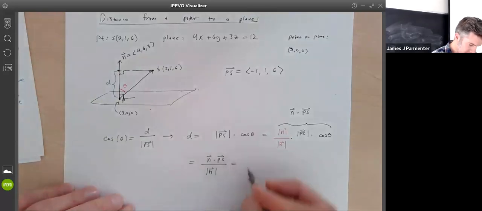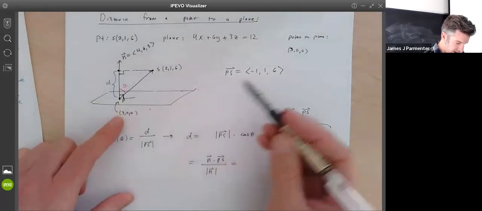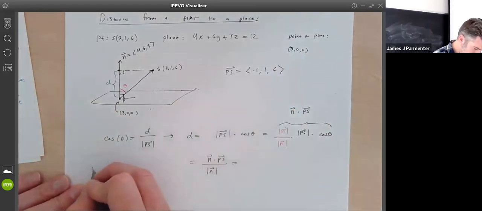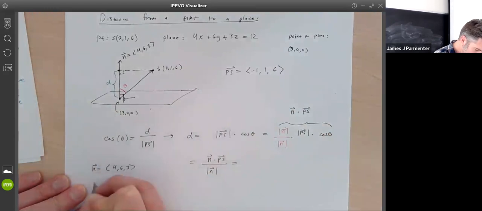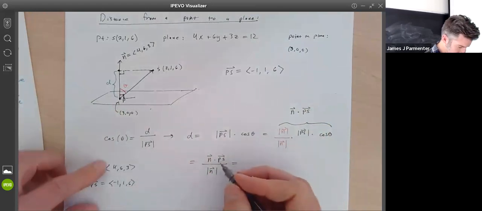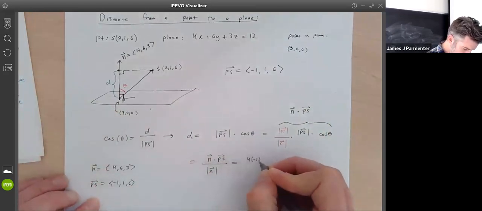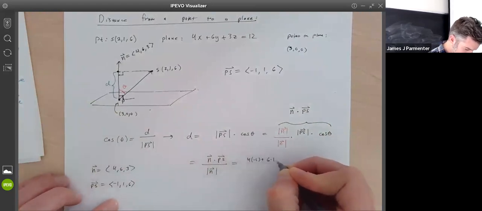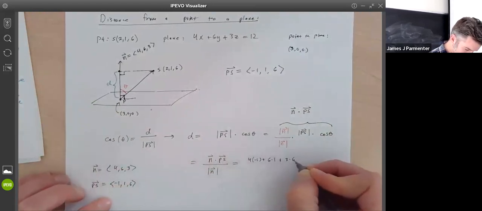So let's make sure we get things right. Let's write them over here. So here's n, which is 4, 6, 3. Here's PS, which is -1, 1, 6. And their dot product is 4 times -1 plus 6 times 1 plus 3 times 6.